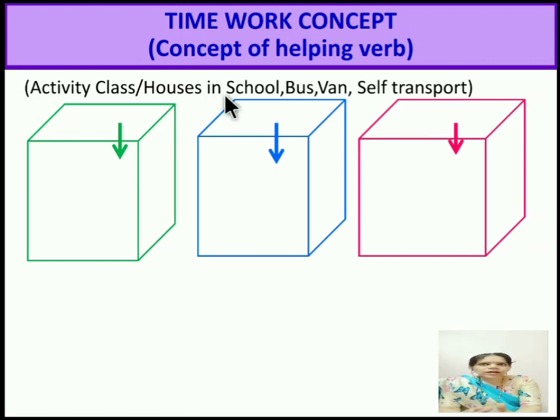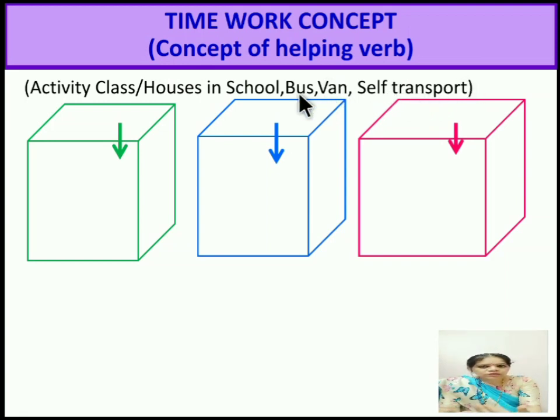Or you had PT houses, red house, green house or yellow house. You were supposed to wear that sort of t-shirts or that sort of uniforms to indicate that you belong to this particular house, red house, green house. Or like the bus, van or self-transport facility which was there for you in the pre-nursery ages.